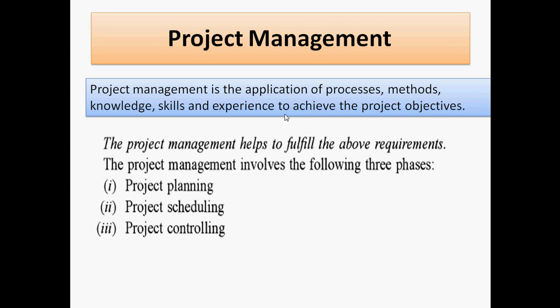Project management is nothing but the application of processes, methods, knowledge, skill, and experience to achieve the project objective. Nowadays we observe that if a suitable plan and schedule are there, then you can achieve within the target level, or you can say target date.